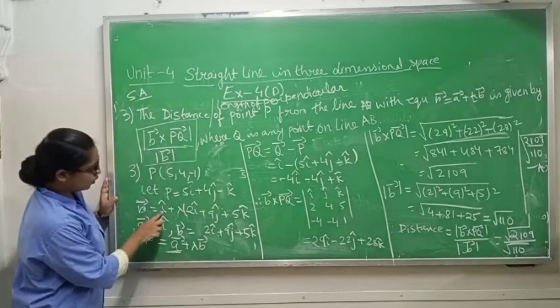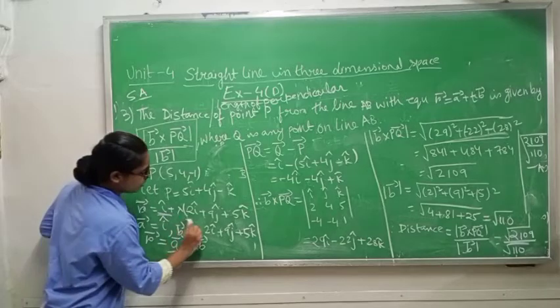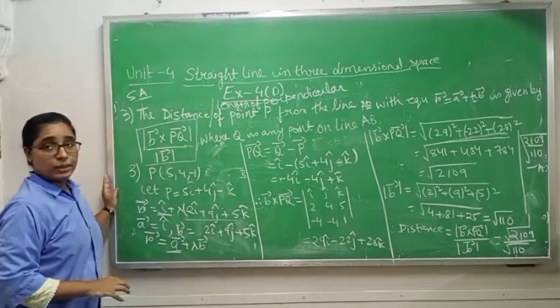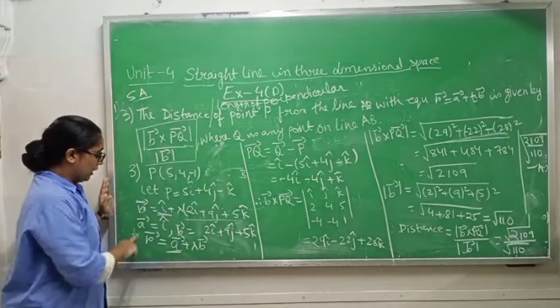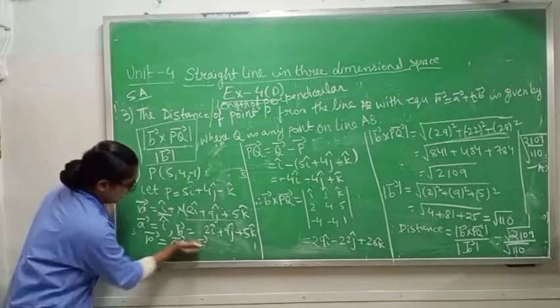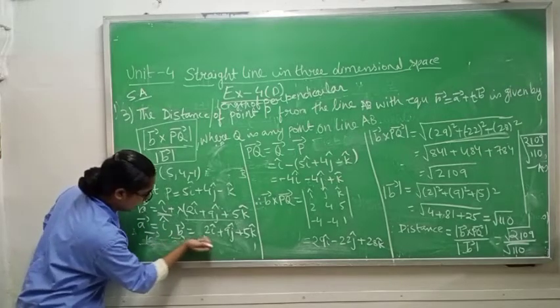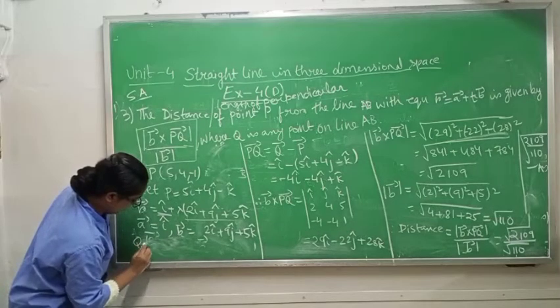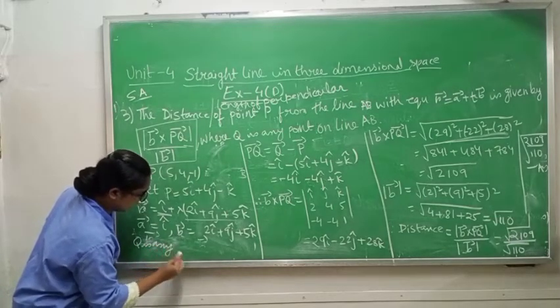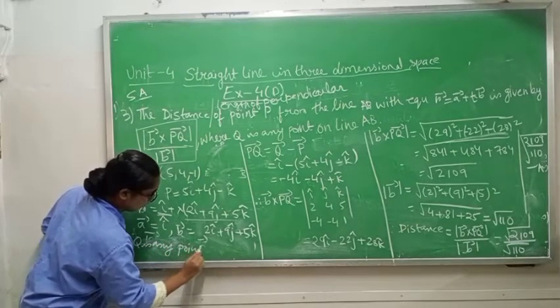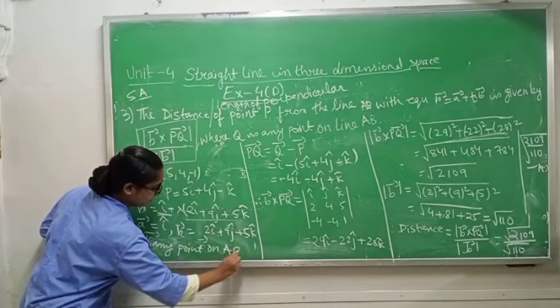So what do you get for A? i, and B is 2i cap plus 9j cap plus 5k cap. Okay, now I am writing, after that you can write Q is any point on the AB line.